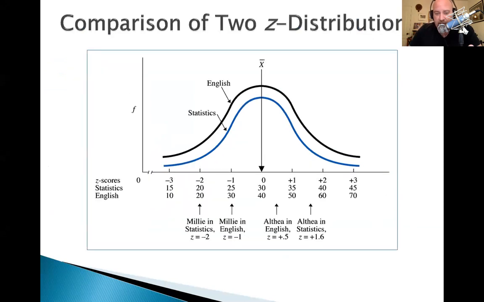Here's another example where you might use z-scores for yourself. In this case, let's say that you're trying to figure out, are you a better English student or a statistics student? You probably have a sense of that already, but if you want to figure that out mathematically somehow, what am I better at? And how do I do that? How do I even compare where, in my stats class, I have to turn stuff in almost every day, and there are a lot of points available.